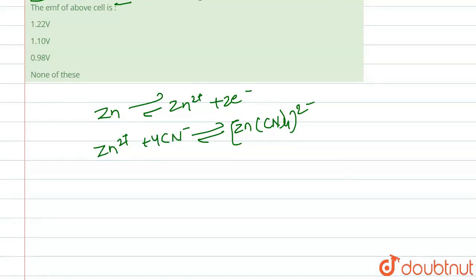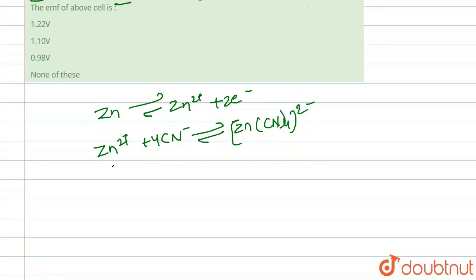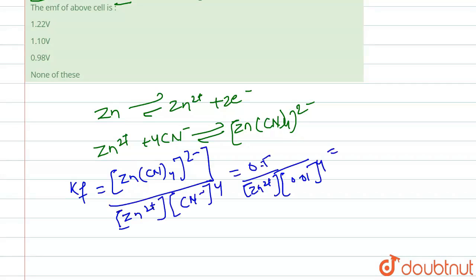In the question it is given, so we can write the equation for Kf and equate it. Kf is equal to the concentration of Zn(CN)4 2 minus upon the product of Zn2+ and CN minus to the power 4, and this equals 10 to the power 16.